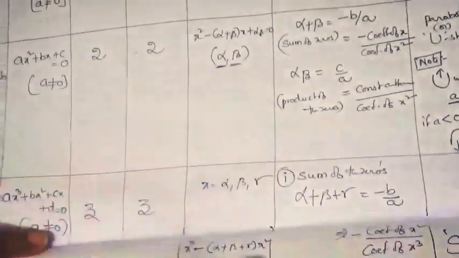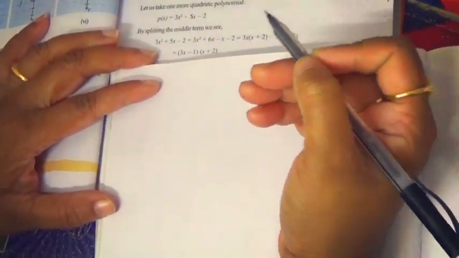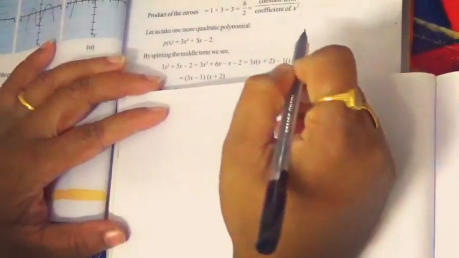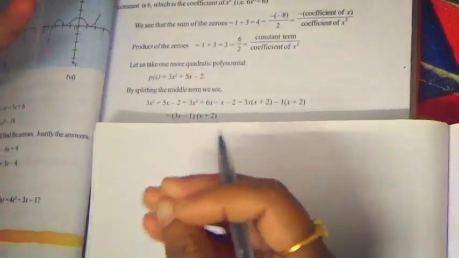On the basis of this topic we are doing this 3.3 exercise. You just recollect the table before entering into this topic, and make the idea on the zeros of cubic and quadratic polynomials.